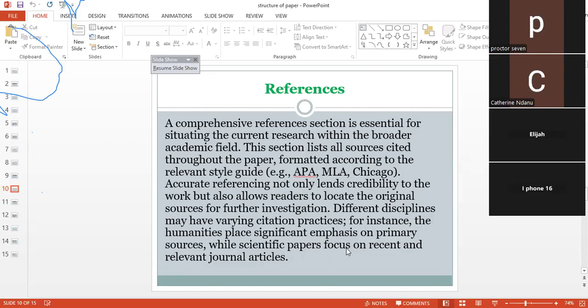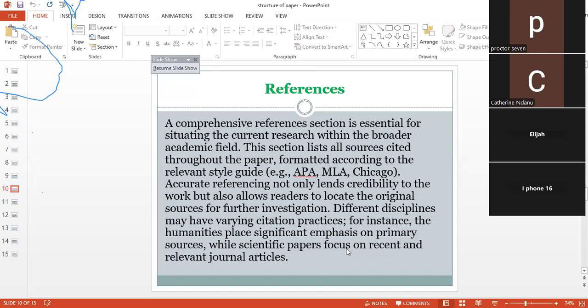A term paper is the smallest scholarly work written by undergraduate students to document assignments. So when we give you a term paper, we want you to have a reference section to acknowledge the sources you have cited from.